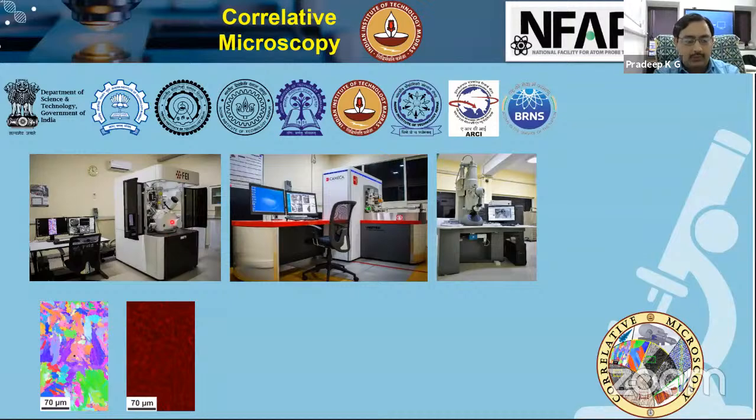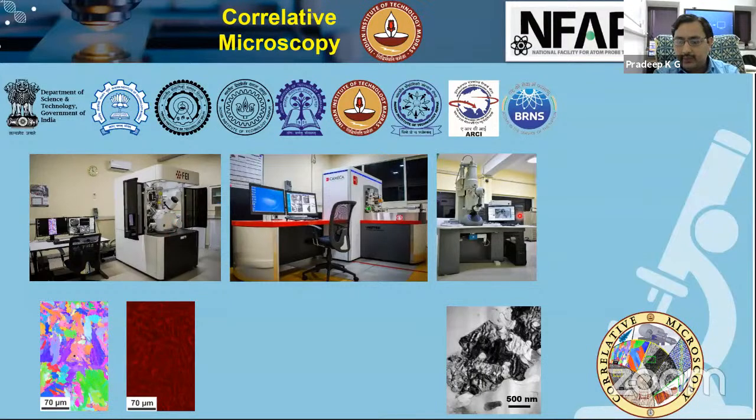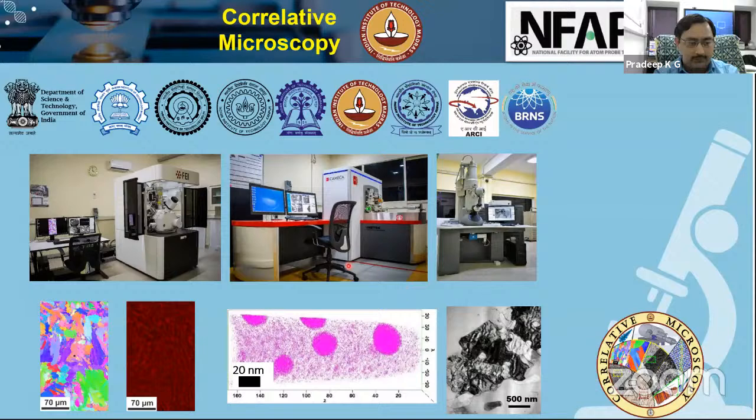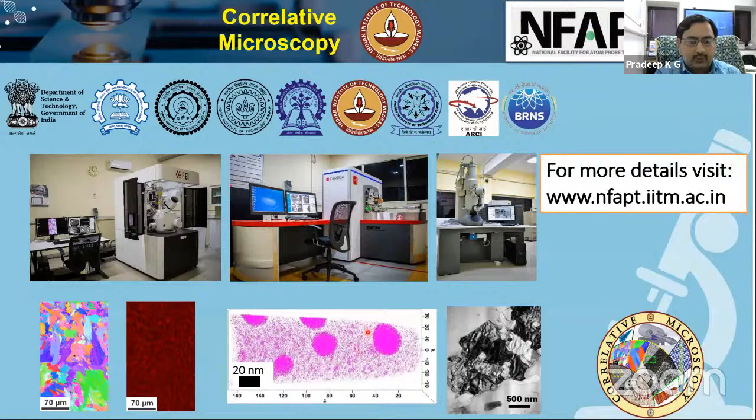We can make thin samples and take them to a TEM, which is a transmission electron microscope, and see at much finer resolution compared to a scanning electron microscope. And the specific features, we can then take into an atom probe and get their chemistry. So the final addition that we are going to do is to add this field ion microscope to this entire set. So every detail from a micrometer scale to an atomic scale can be covered under one umbrella.